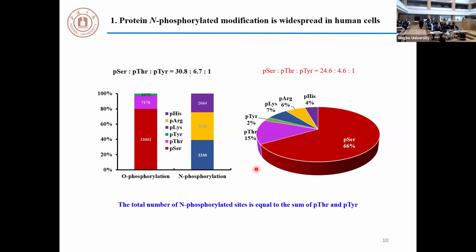Though nitrogen phosphorylation is lower than oxygen phosphorylation, the total number of nitrogen phosphorylation sites is equal to the sum of phosphorylation at serine and tyrosine. So we can conclude that nitrogen phosphorylation is also a relevant form of phosphorylation in human cells.